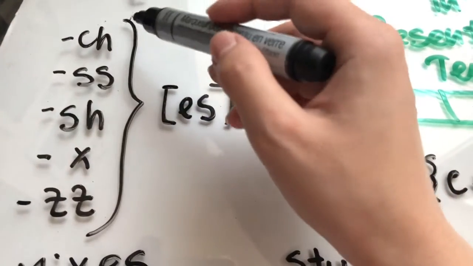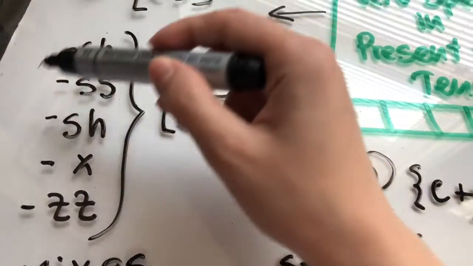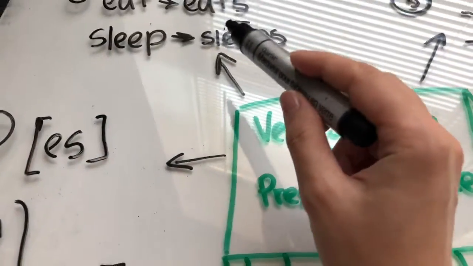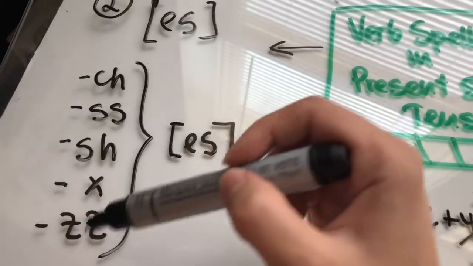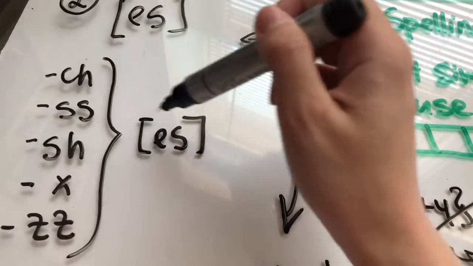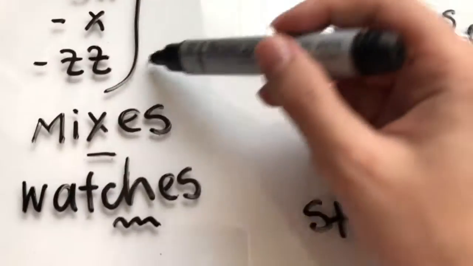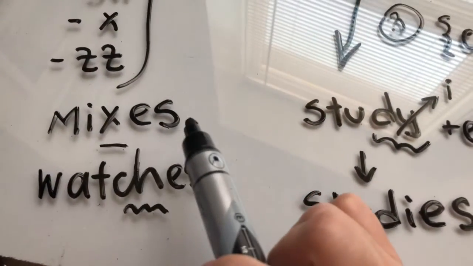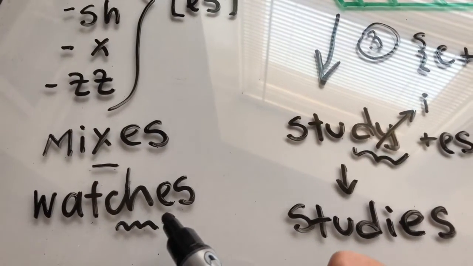But those verbs that end on the following combinations are an exception to this rule. These verbs have to have an ending es. For example, mix becomes mixes. Watch becomes watches.